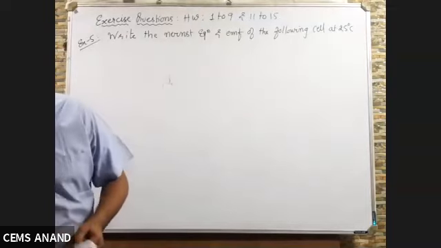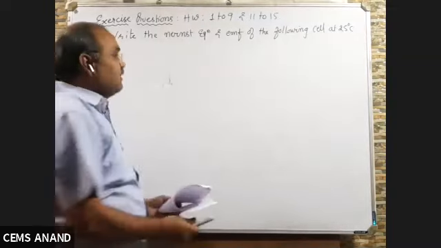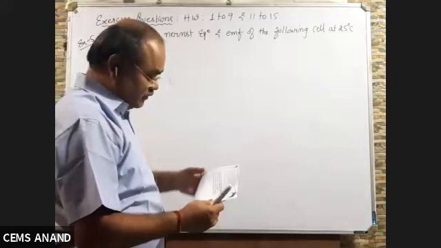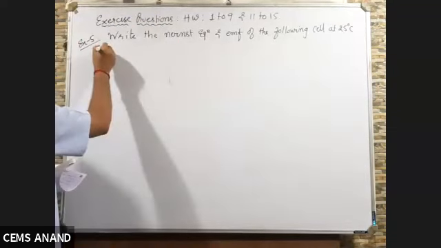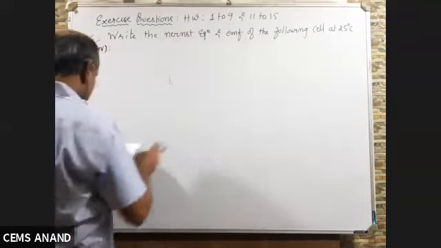That is 298 Kelvin, right? Now in this, there are 4 numericals given to you. The first 3 are very easy, but the 4th one, you may find it difficult. So I'll write it.